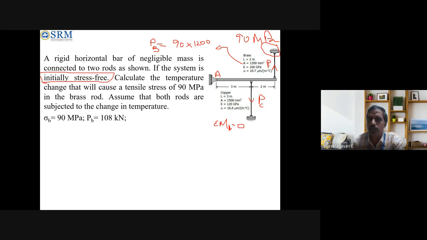So 5 times the force in brass must be equal to 3 times the load in copper. For brass, we found that it is 108. So 5 into 108 is 540. 540 by 3 is 180. So P_C is equal to 180 kilonewton. Is it right?